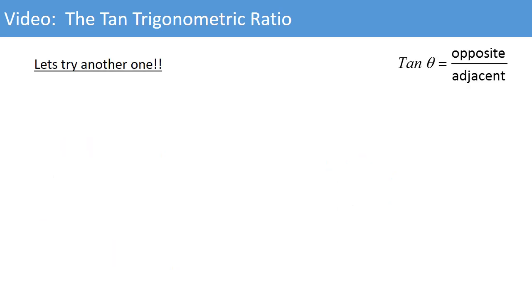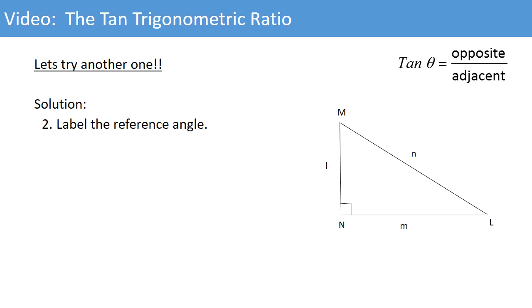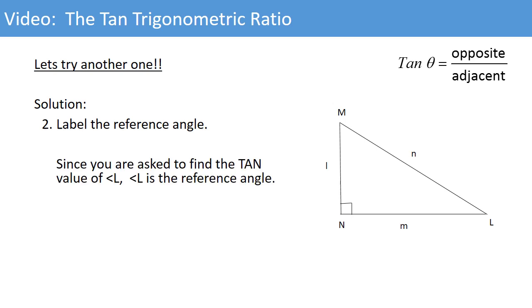Now, label the reference angle. Since you're asked to find the tan value of angle L, L is the reference angle. Label L so we don't forget that this is our reference angle.